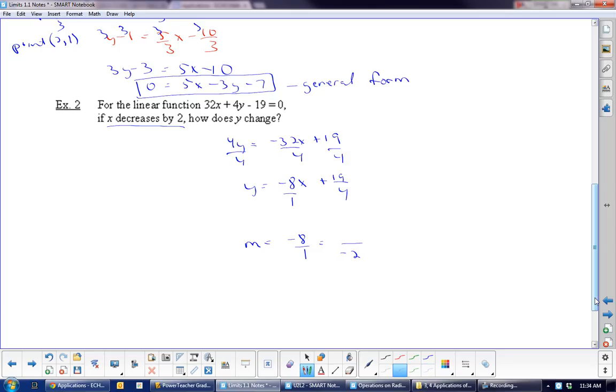Now, you can always do this by going negative 2 times negative 8 divided by 1, or just, you have to multiply by negative 2. We're going to multiply this by negative 2. So yes, the answer is 16. So y increases by 16. We know it increases because it's positive.